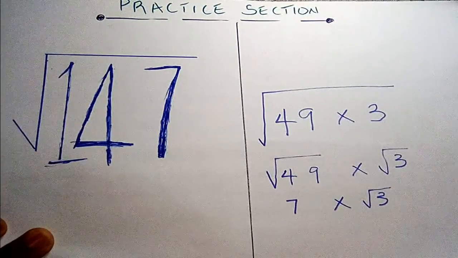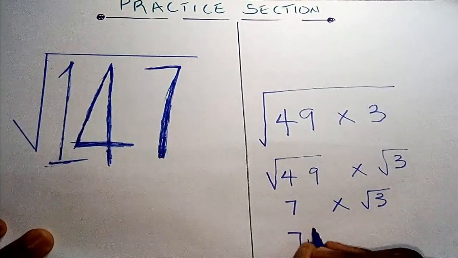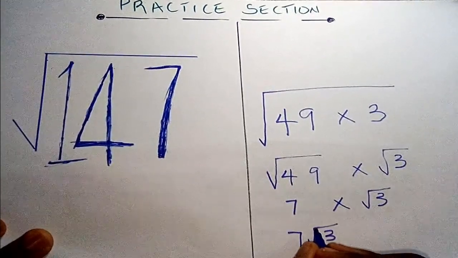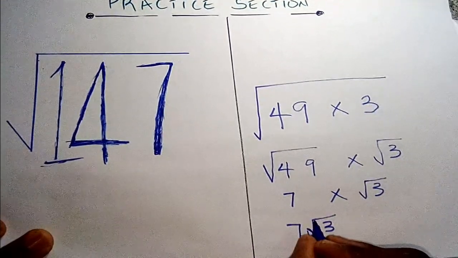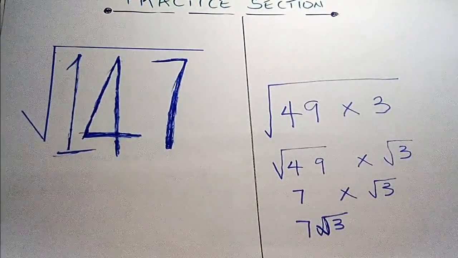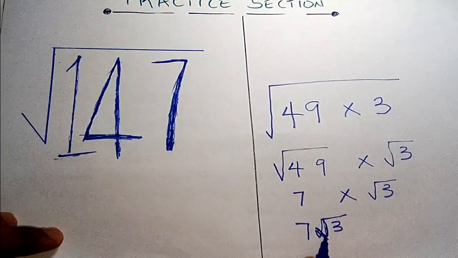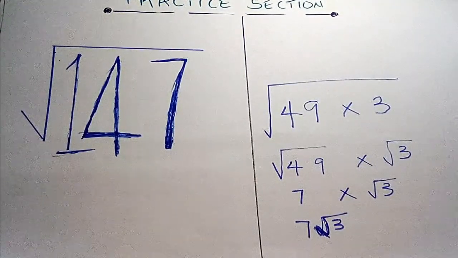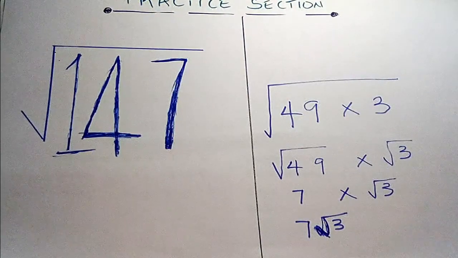Then the next thing is our simplest form of root 147. Sorry, this is root 3. Sorry about that. So this is 7 root 3. So that is the simplest form for root 147.